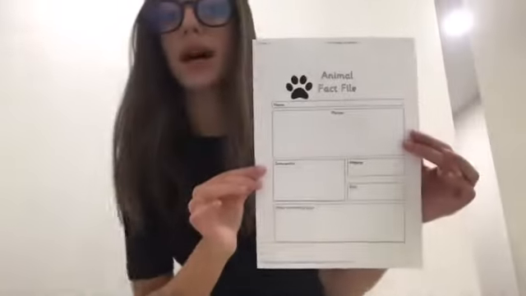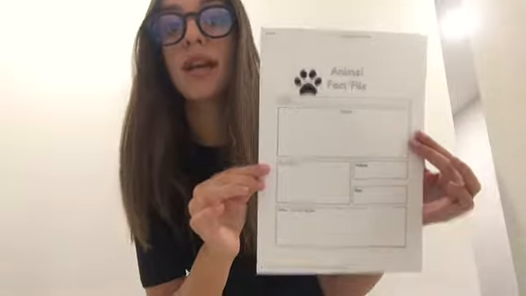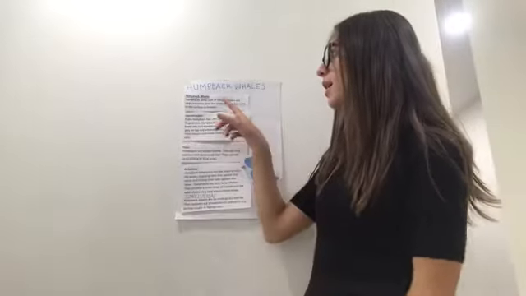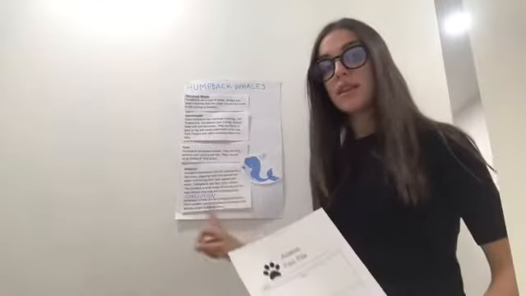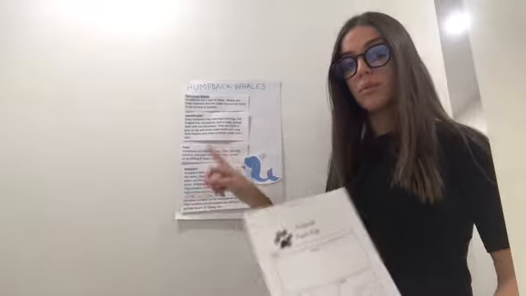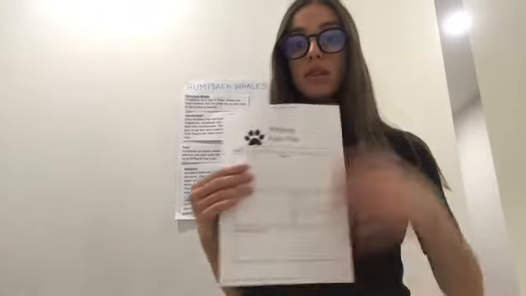This lesson, I am going to be giving you, again, the animal fact tile sheet. However, in groups of 4, I'm going to allow you to write information using this information report to fill out this animal fact tile sheet. You're going to be doing this in groups of 4s.